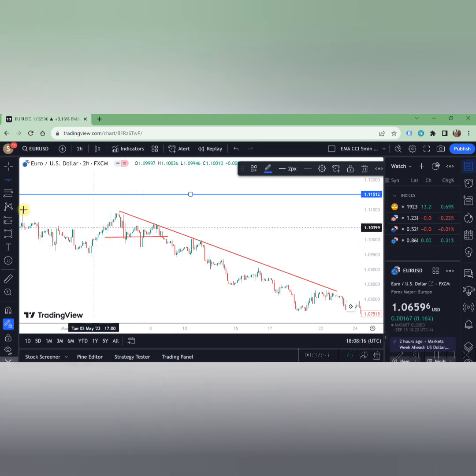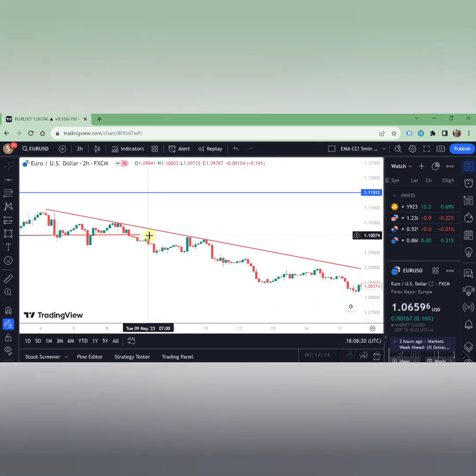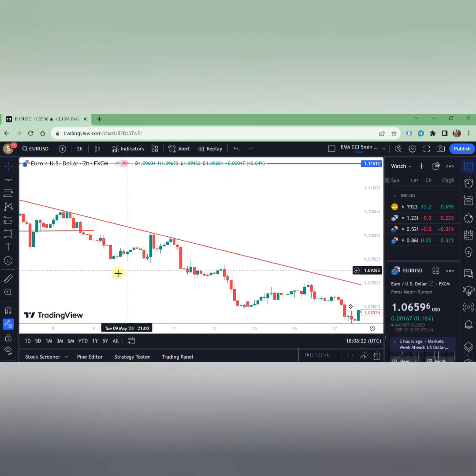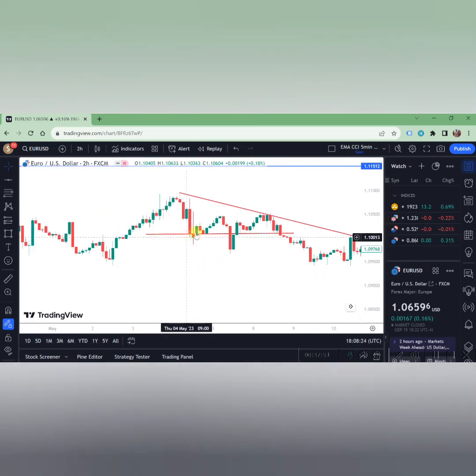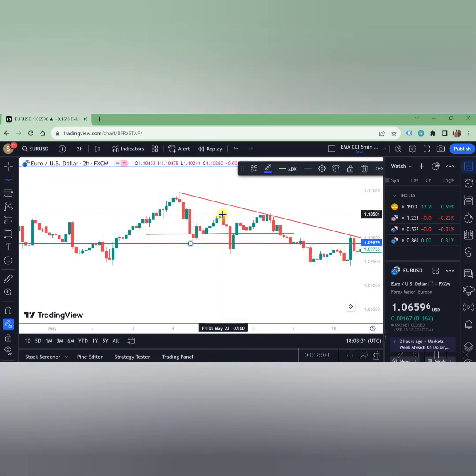See how many candles it took the price to go. Let me zoom in. See how many candles it took the price to go from this point to this point. Let's count how many up candles we have there. This is the first candle that came down. 1, 2, 3, 4, 5, 6, 7, 8.